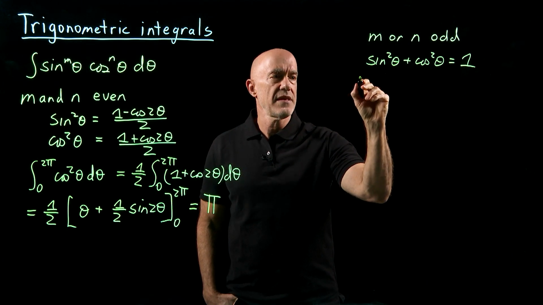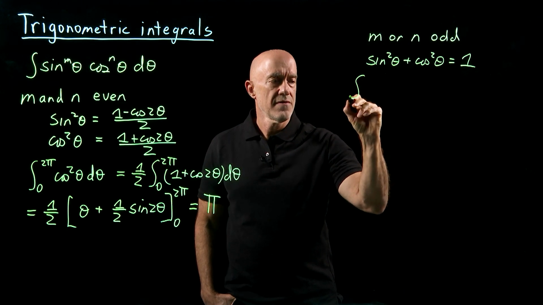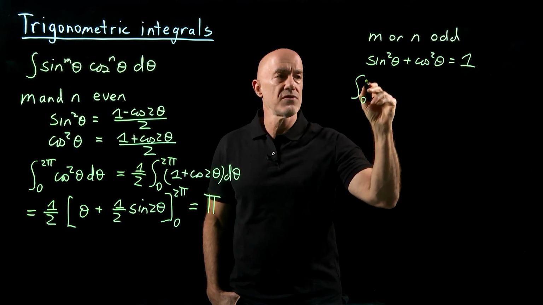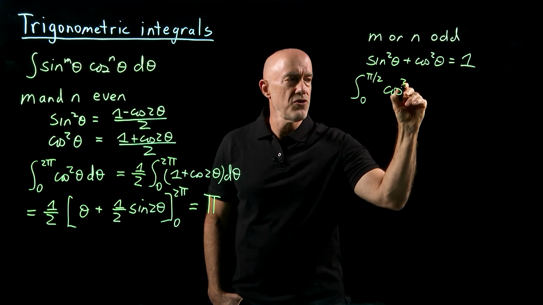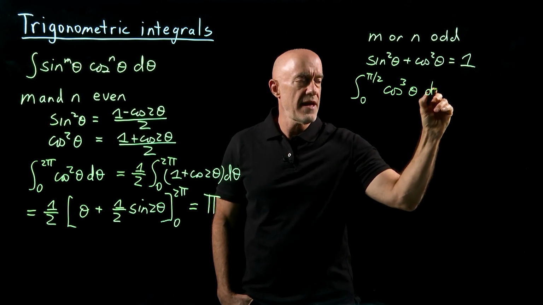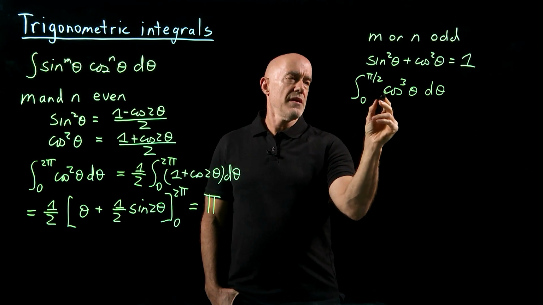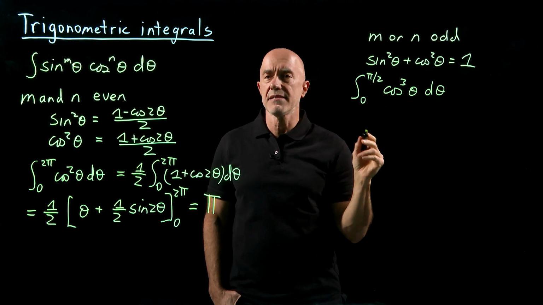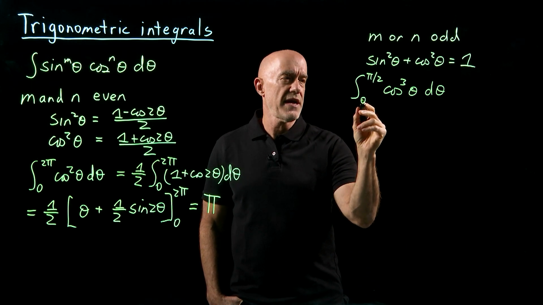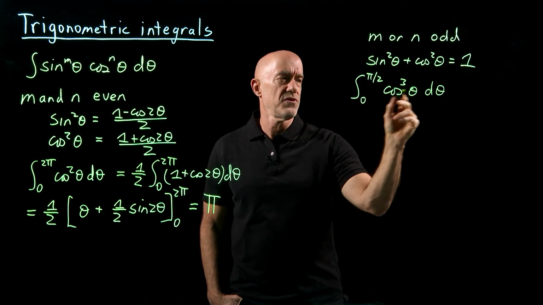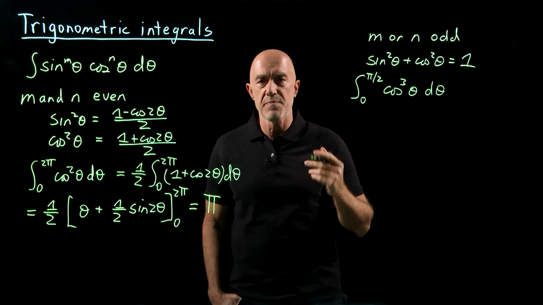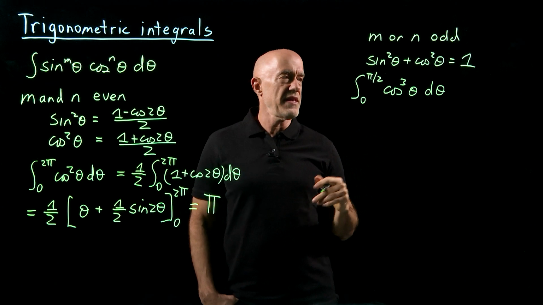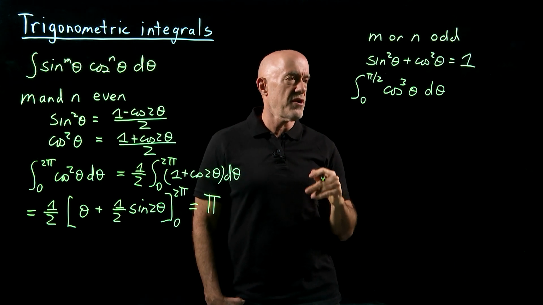We can look at the integral from 0 to pi over 2 of cosine cubed theta d theta. Okay. The cosine function is positive between theta equals 0 and pi over 2. So I constructed this example so the integrand is always positive. I don't want the answer to be obviously 0.